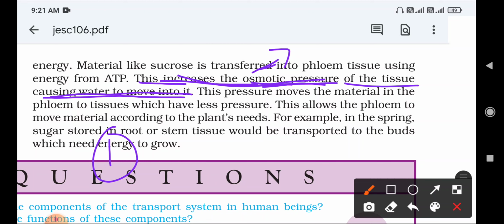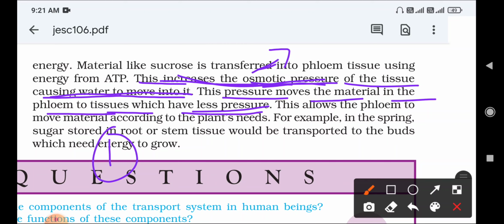So this pressure moves the material in the phloem to tissues which have less pressure. The tissues having less pressure are outside the cell, which has a higher pressure.